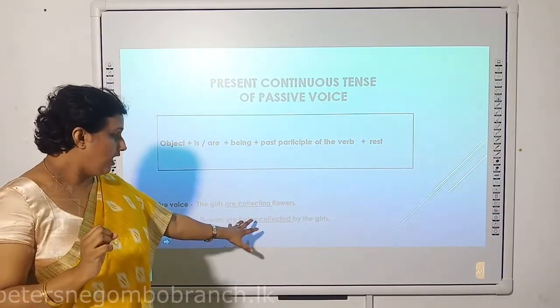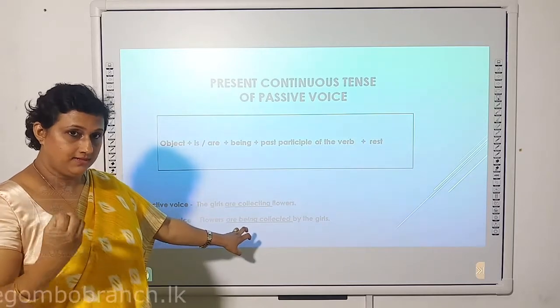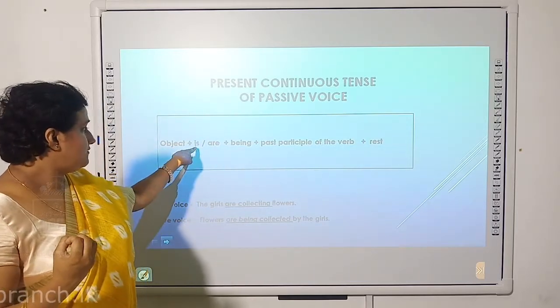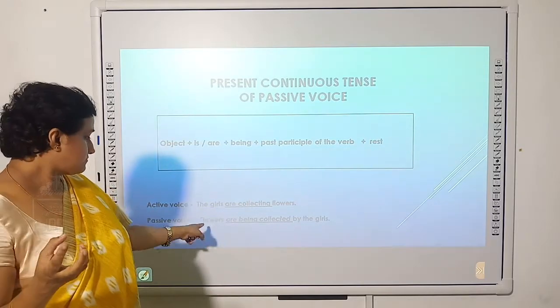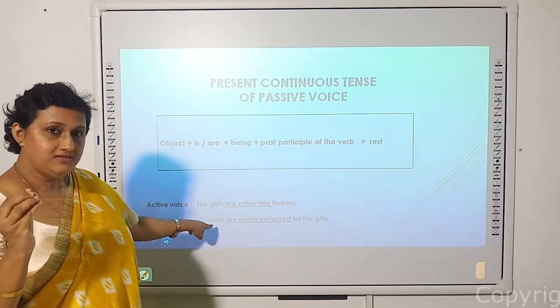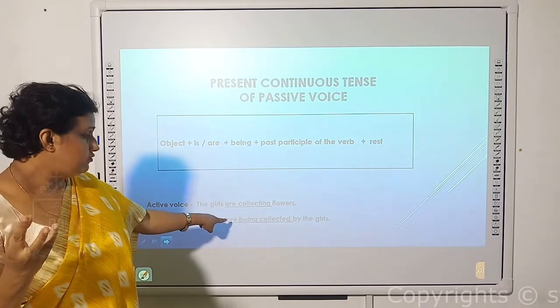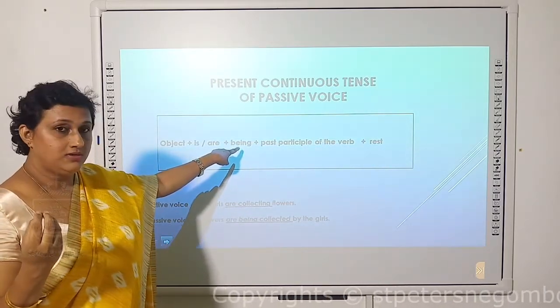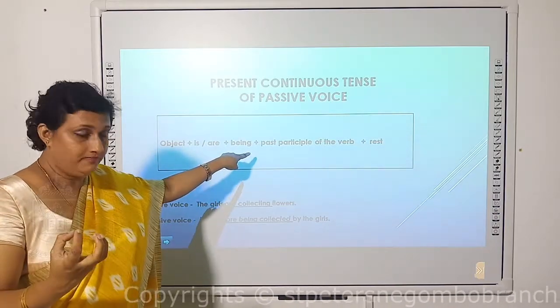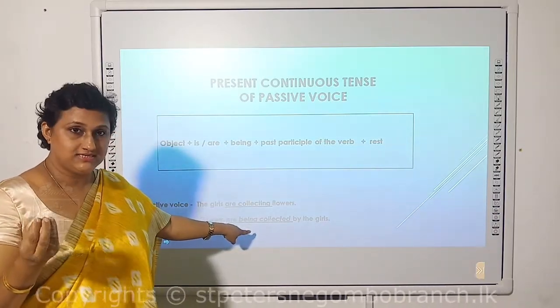So we'll see how this verb has been changed from active to passive, right? So first you have to use, according to the subject, either is or are. Since the word flowers is a plural noun, we have used are instead of is. And then be-ing word to show it is continuous form. So the word be-ing is there.